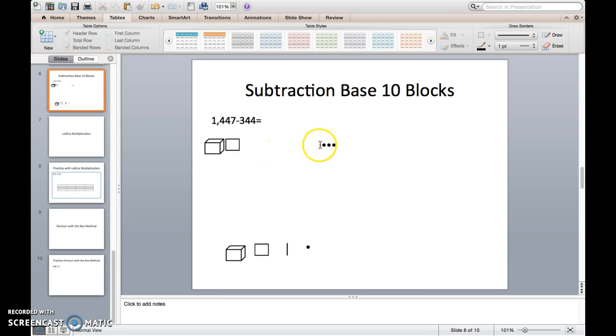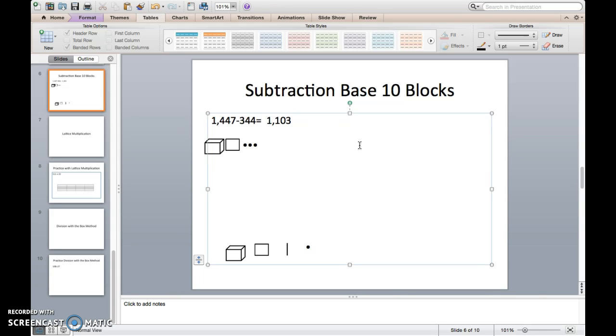And what we end with, move these over here, is 1,000, 100, 0 in the tens, and 3. 1,447 minus 344 is 1,103.